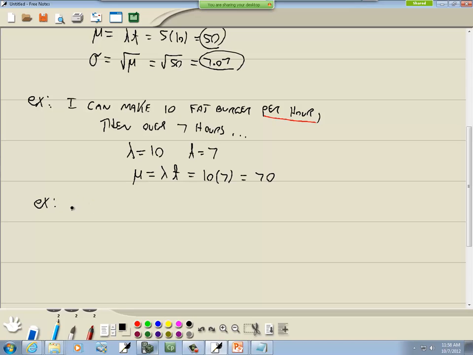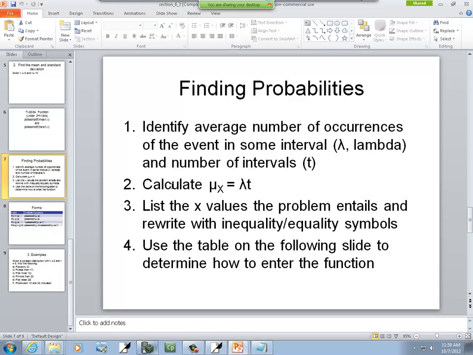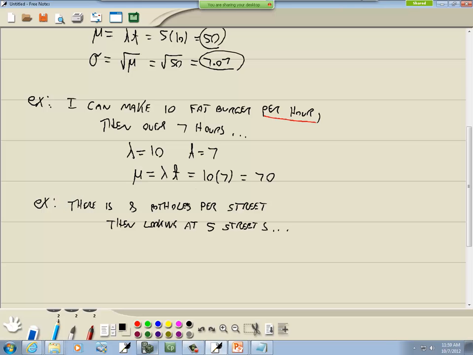Let's say there's 8 potholes. This is on average per street. Then, looking at 5 streets, dot dot dot. Well, lambda is the number of occurrences of some event in some interval.